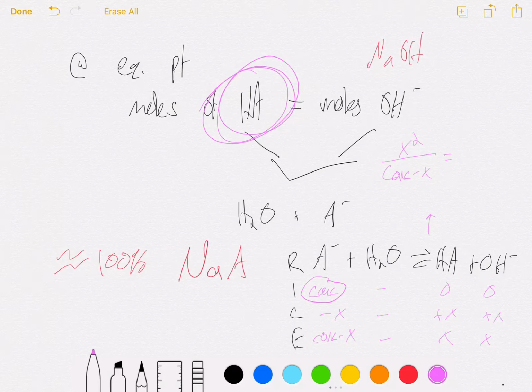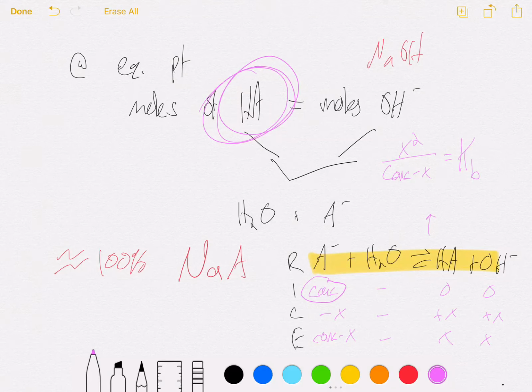Now this doesn't equal the Ka value, because what we've done here is not look at an acid dissociation equilibrium. We're looking at a base hydrolysis equilibrium, and so this is going to equal the Kb value.